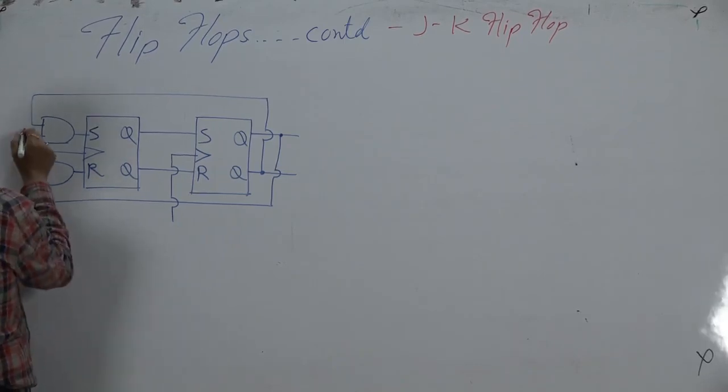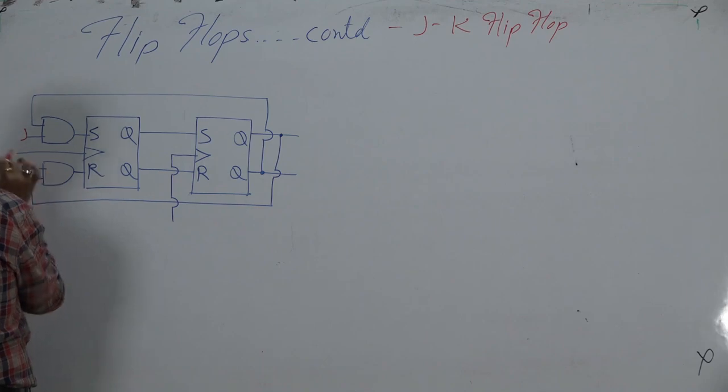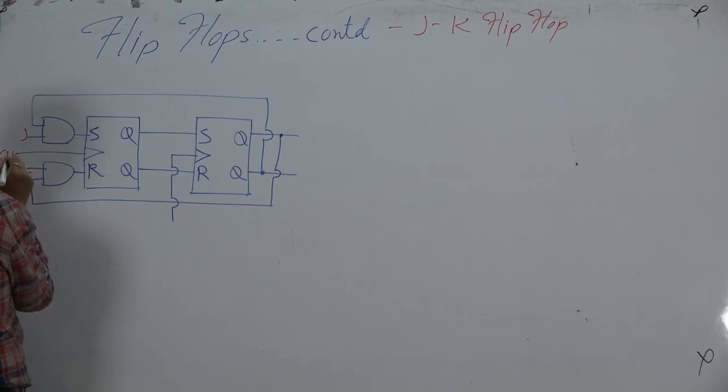This is J, this is K, this is CLK. Is the CLK seen?